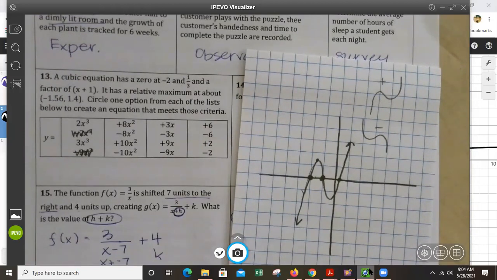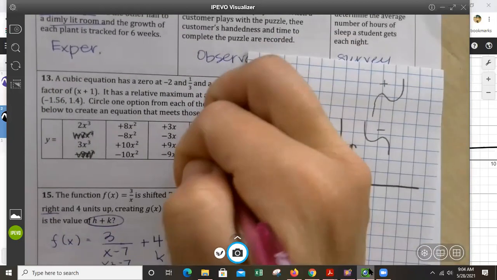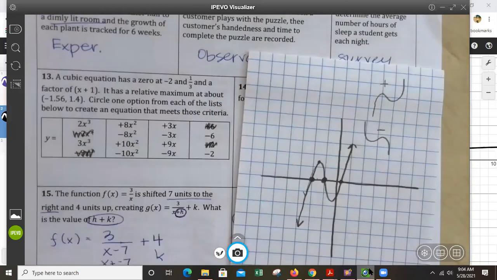Where's our y-intercept going to be? That's that last number. Is it going to be a positive or a negative, our y-intercept? It's definitely going to be a negative. All right, so we have a lot to choose from. So how do we figure this out?